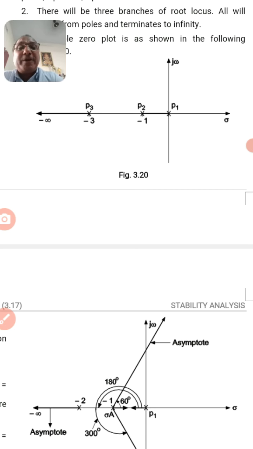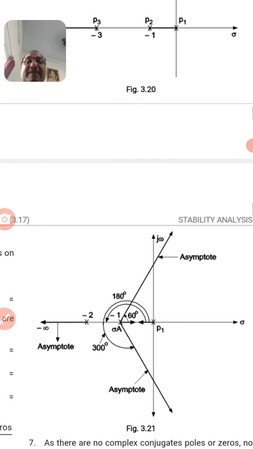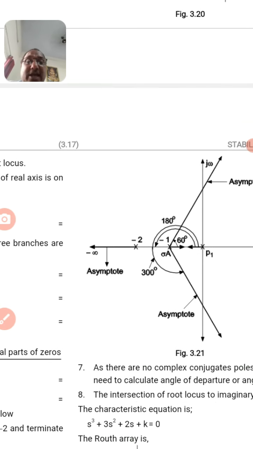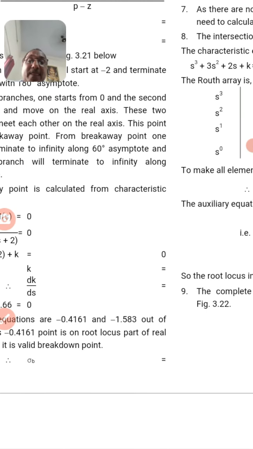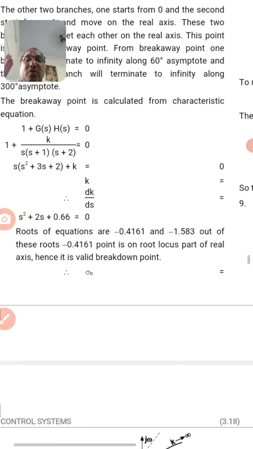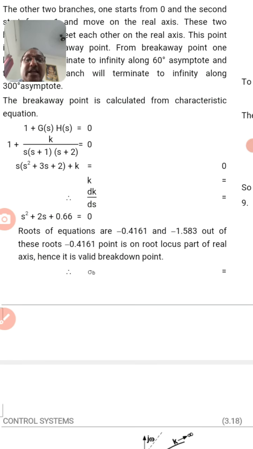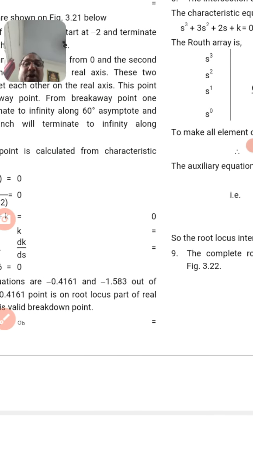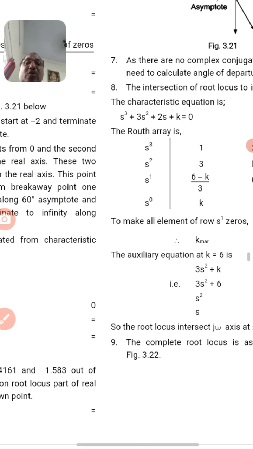So P2 to P3 is blank and minus 1.5 lies in this, so we will skip it, while minus 0.41 lies between P1 and P2, and hence we will consider only that root, minus 0.41. That is nothing but the breakaway point from which an asymptote starts.